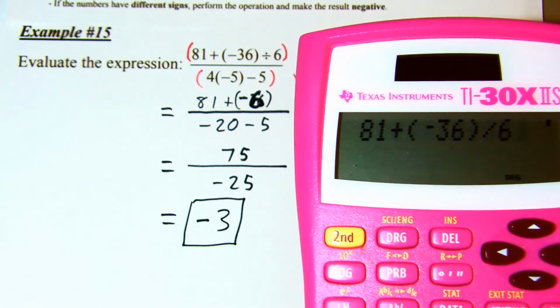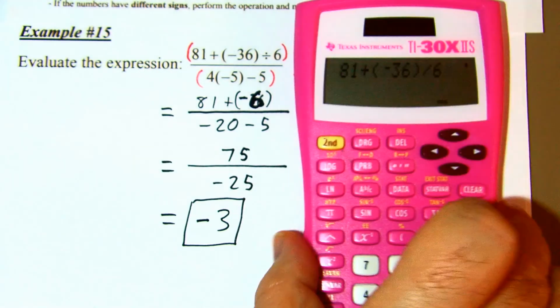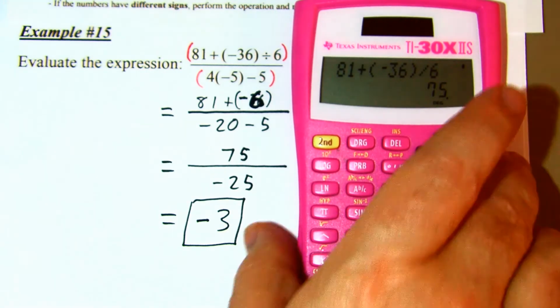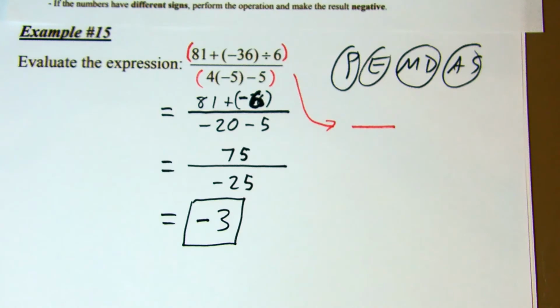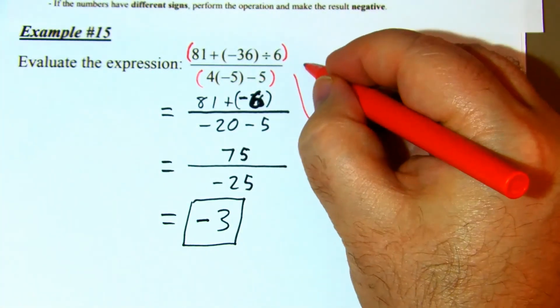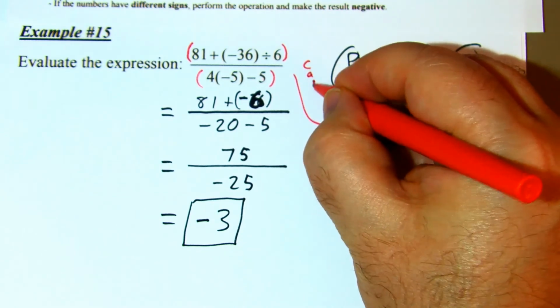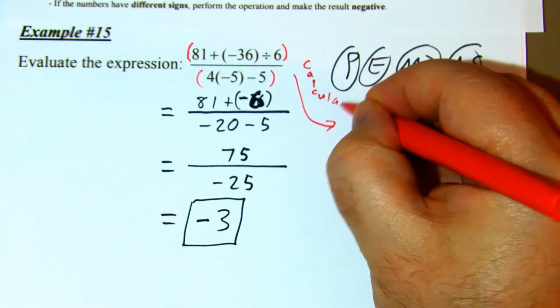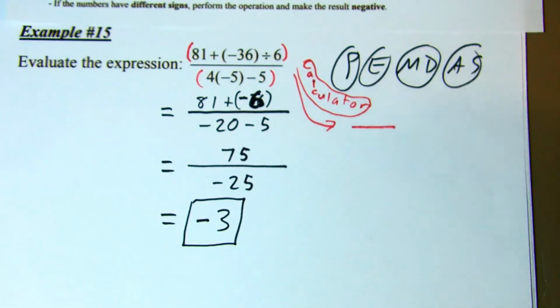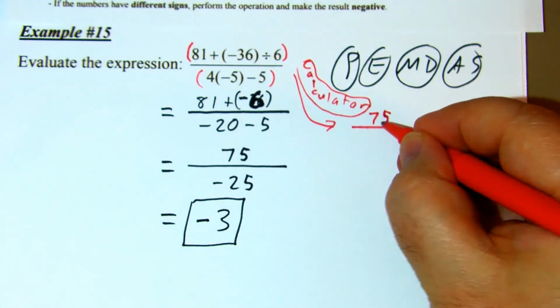So we kind of mimic the top, and I'm going to press equals, and I get 75, which shouldn't surprise us. It's what we got before. But in this red path over here, this is my calculator path. I'm thinking about the calculator. The calculator steps puts a 75 on top.